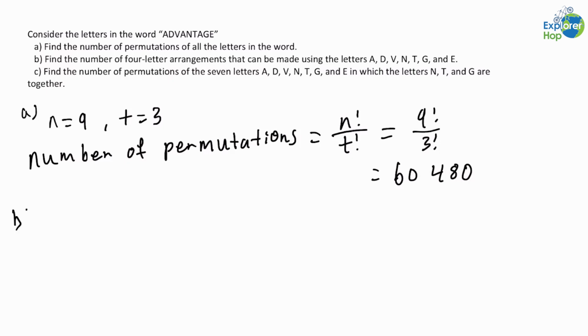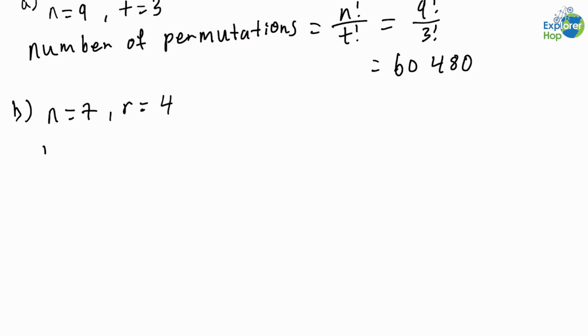Now for part B, we'll let n be equal to 7 this time, since we're trying to find the total number of 4-letter arrangements that can be made using the 7 letters A, D, V, N, T, G, and E. So for B, n is equal to 7. And since we're finding the number of arrangements containing 4 letters, then we'll let R be equal to 4. So the number of permutations or arrangements is given by this formula.